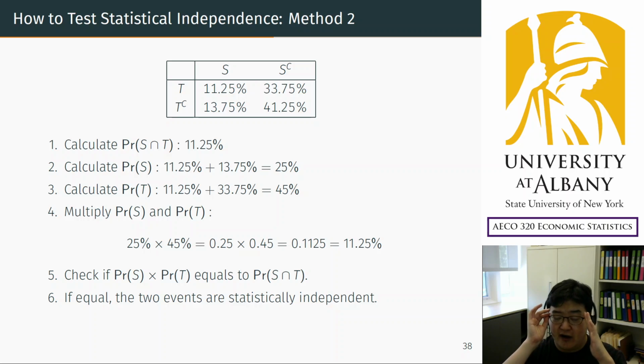So as I showed you, there are two different approaches to check statistical independence, and you just need to show the equality. In case you calculate those probabilities and you find they are different, then simply the conclusion is the other way. If they were different, then two events are not independent, or two events are dependent.